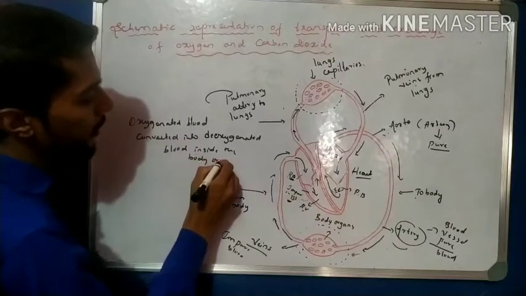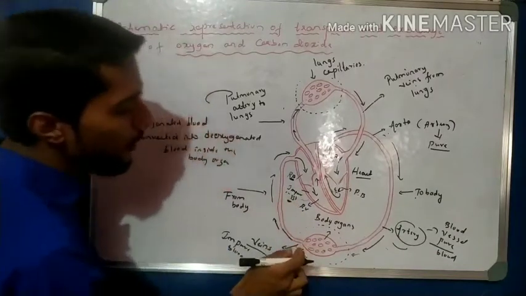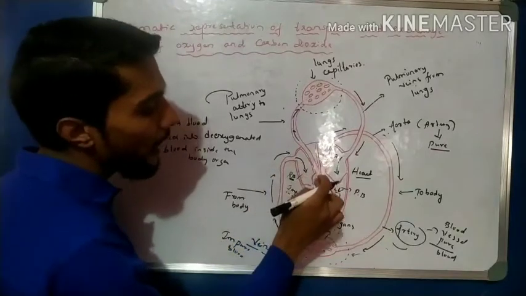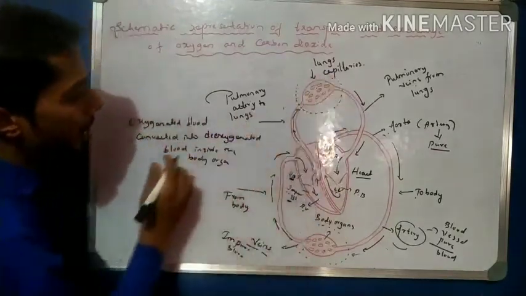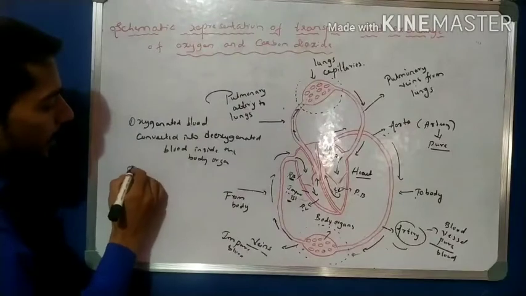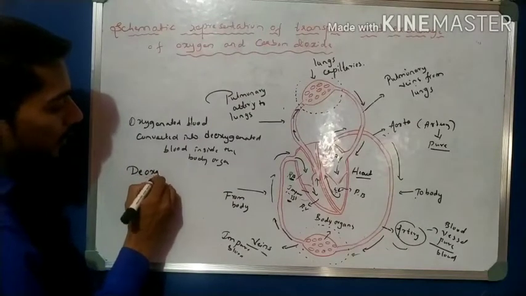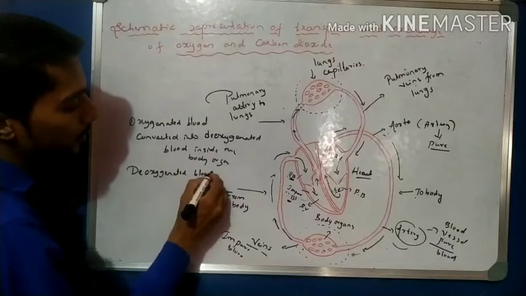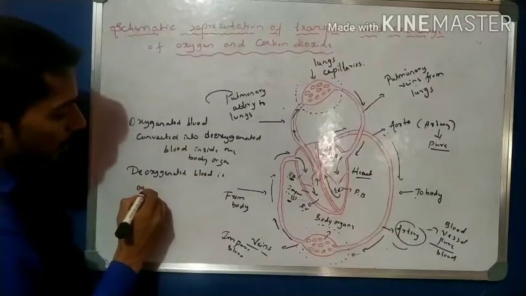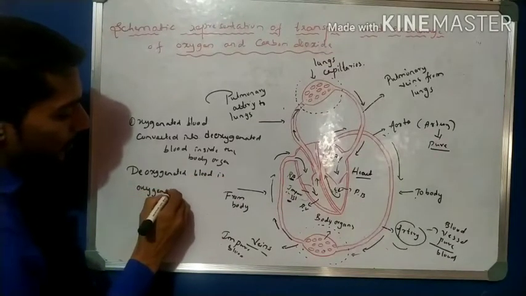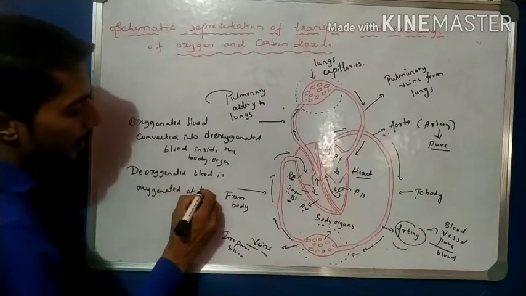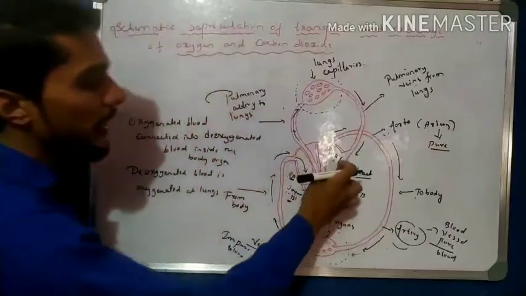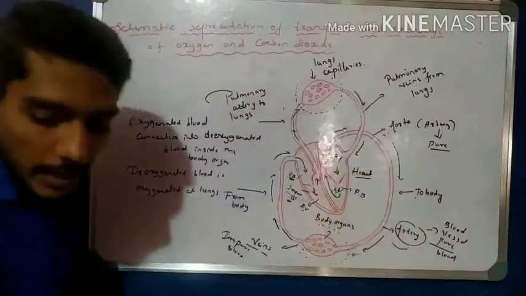Body organs. Okay, so this deoxygenated blood, which is carried by the veins, is sent to the RA and RV to the lungs, where in the lungs what happens? Deoxygenated blood is oxygenated at the lungs. Then oxygenated blood is sent again to the pure side, then the same process takes place.